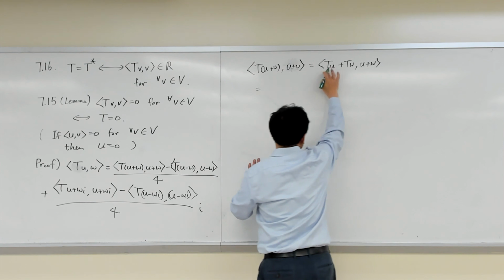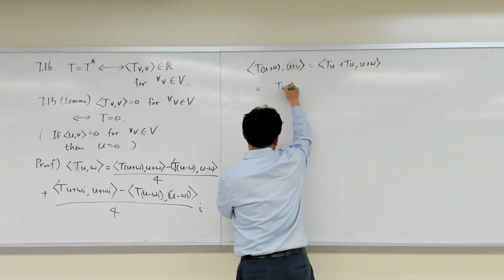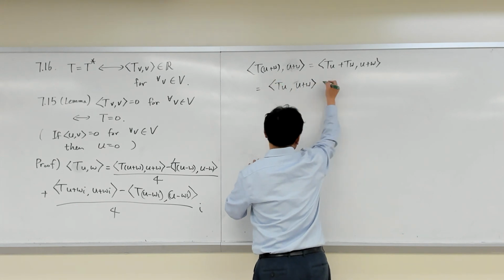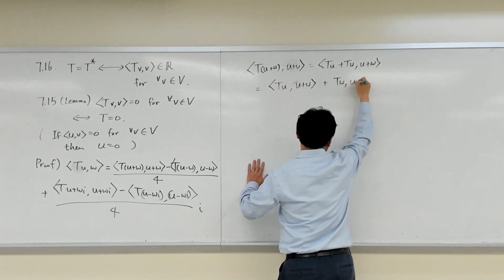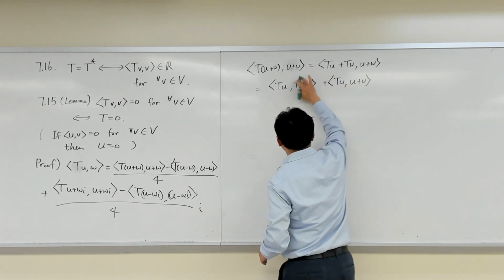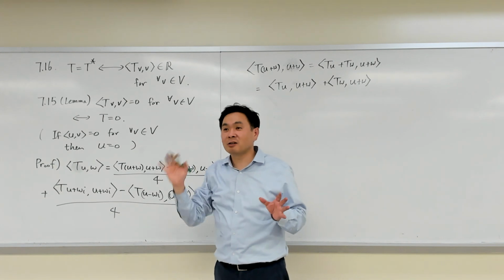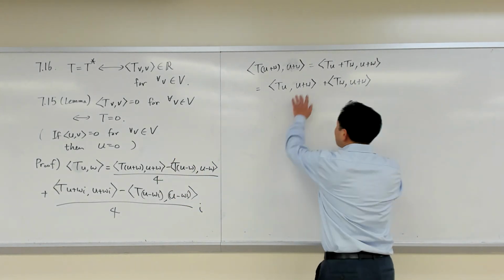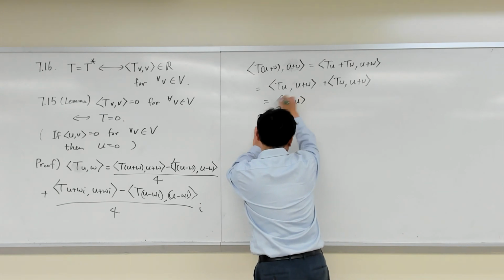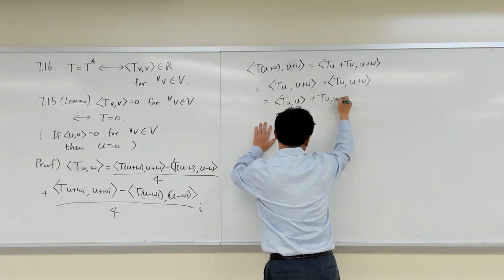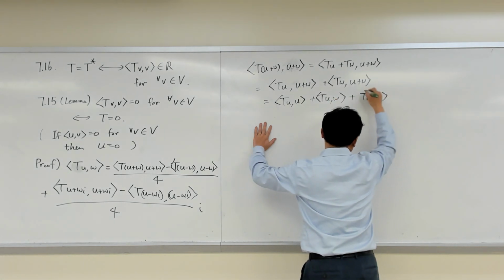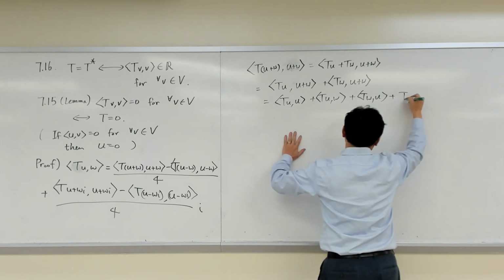And by using linearity of the first argument, you have <Tu, u+w> and then <Tw, u+w>. And then the second argument is not linear, but it's conjugate linear, right? So addition still splits. So you end up with <Tu, u> plus <Tu, w> plus <Tw, u> plus <Tw, w>.